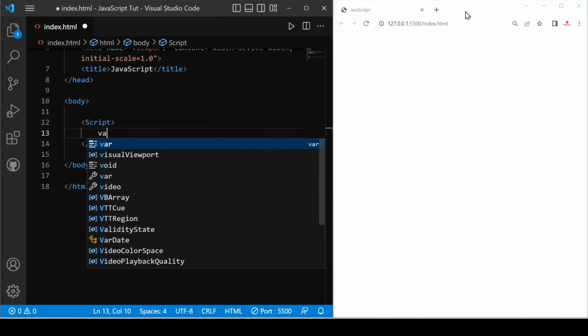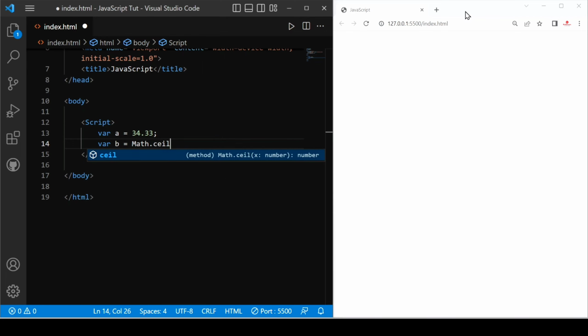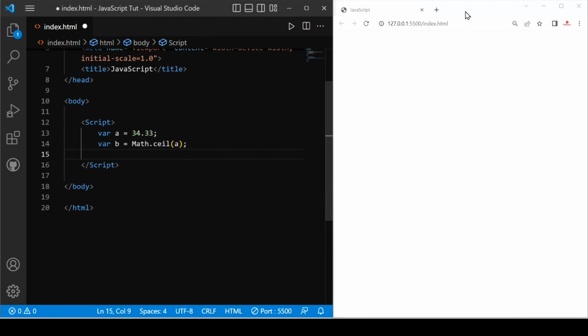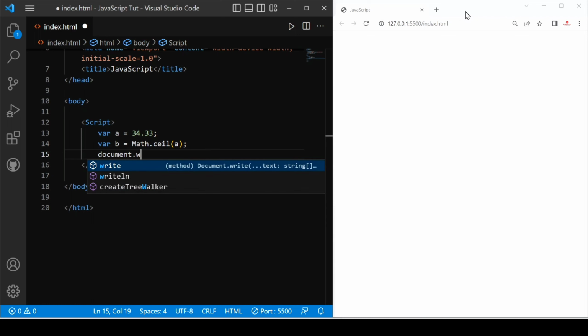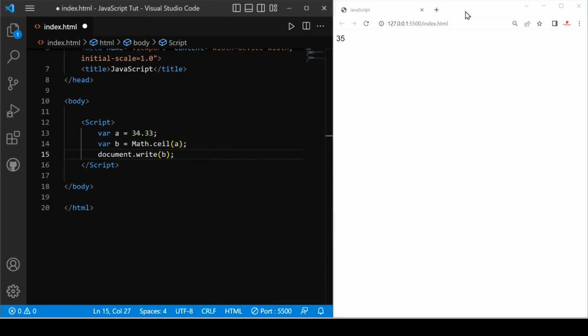For that we have to just declare var a equals to some value, 34.33, and after that we use var p equals to Math.ceil, and here we provide a, and after that we print this value with document.write, and here we provide p. Now you can see, it will round it up into 35.